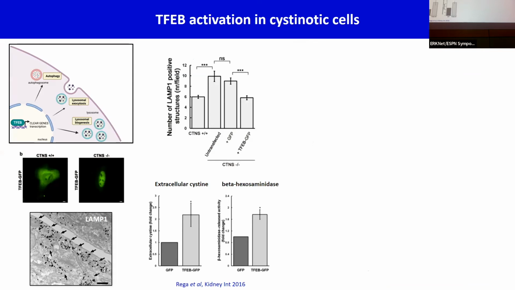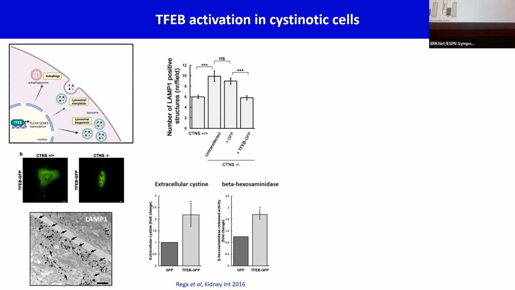So TFEB is a transcription regulator, and it's really a master regulator of lysosomal function. Anyway, what it does is actually it regulates autophagy. It promotes, when it's activated, lysosomal biogenesis and lysosomal exocytosis. And obviously, this is a very simplified view.